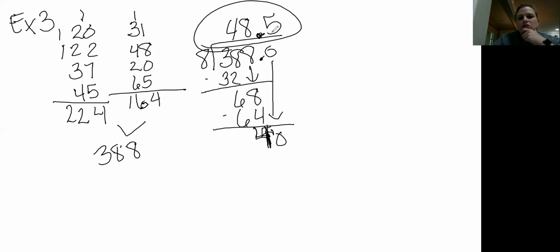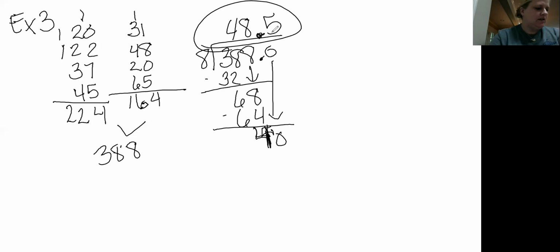The average cost or the mean price of a pair of shoes from this set of data is $48.50, but I don't really know if that's the best way to think about the average here. So let's see what we can come up with.